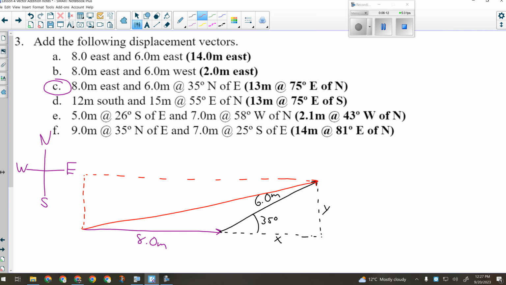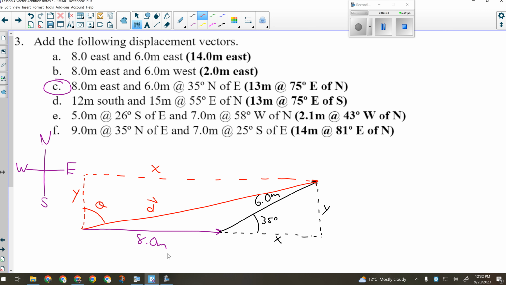That would mean this is theta, this is d, this is x, and this is y. That's what your diagram should look like. If it doesn't, adjust. Then you can move on to finding your x's and y's.